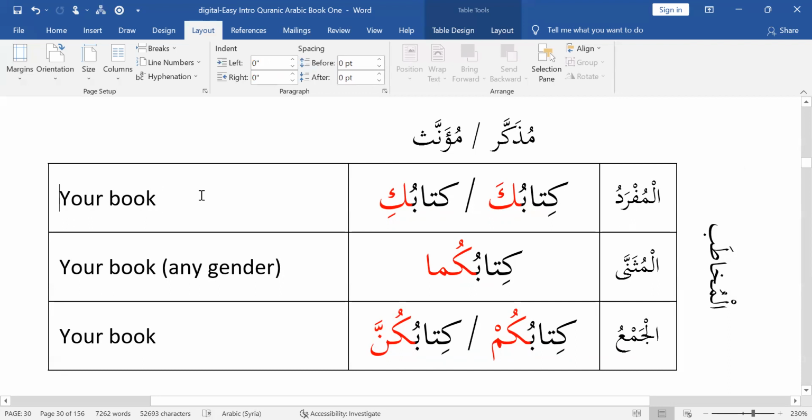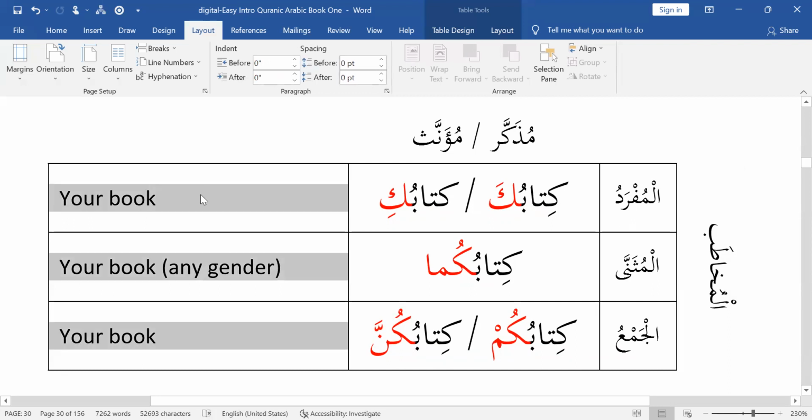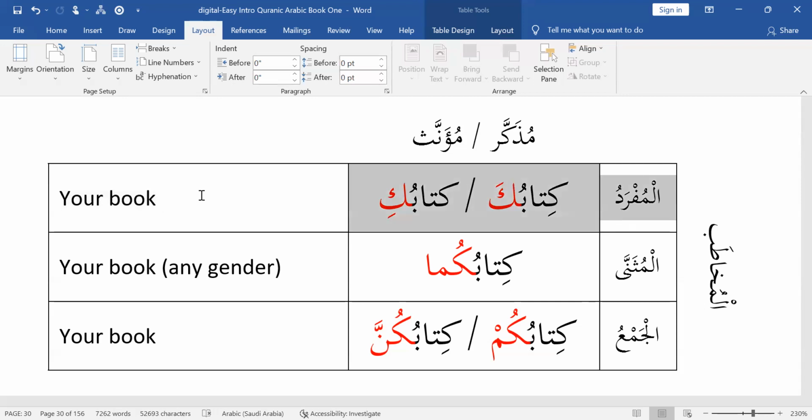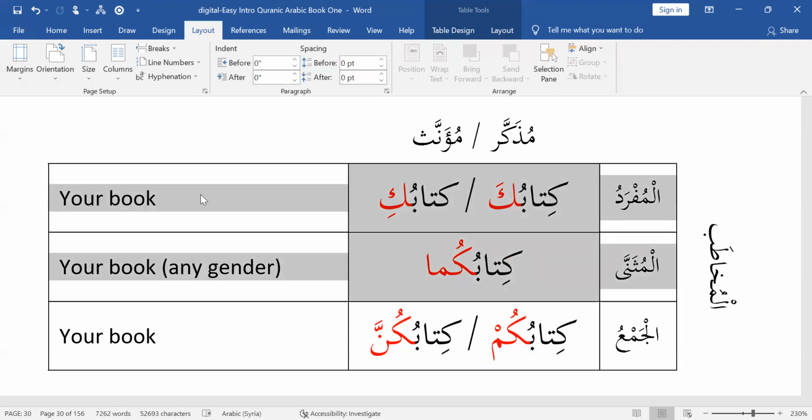And you can see here, all of these are translated in basically the same way. Your book, your book, your book. Singular is translated in English as your book. Dual is translated as your book. Plural is translated as your book. So in English, obviously you can see English is not a gender sensitive language.